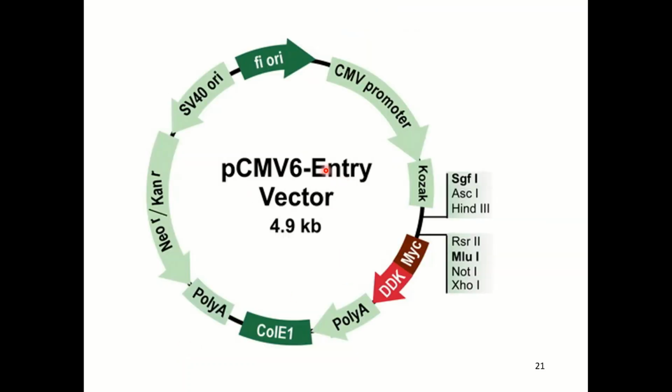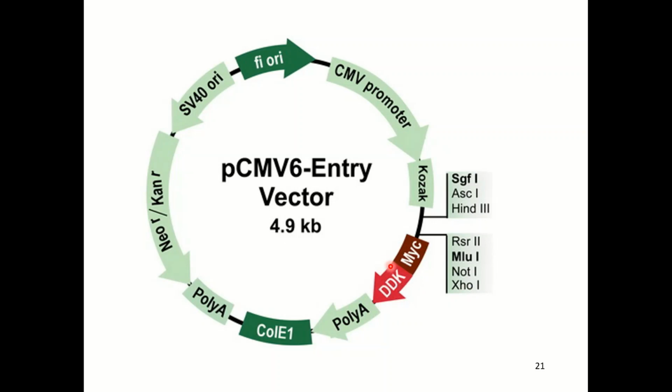An example of another vector, one that I've used in lab, is the PCMV6 entry vector. This is a vector for eukaryotic cells, mammalian cells, and it has a lot of the same things. Here's the multiple cloning site. It has a ribosome binding site and some tags on it. In this case, this is a FLAG tag, also known as DDK.